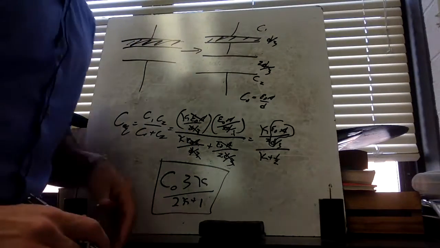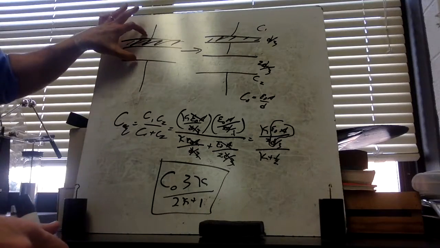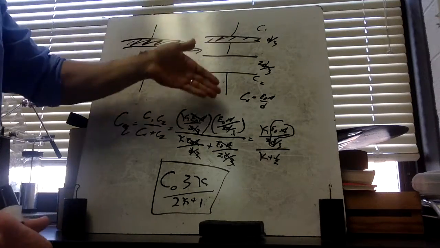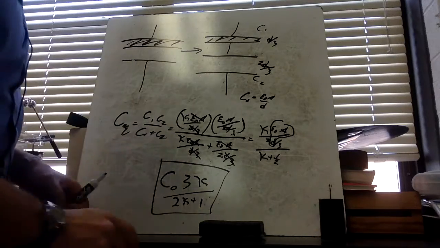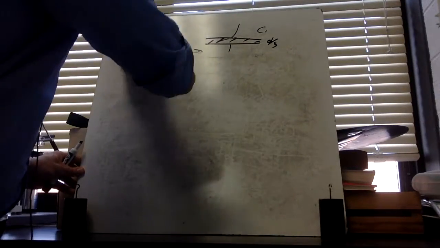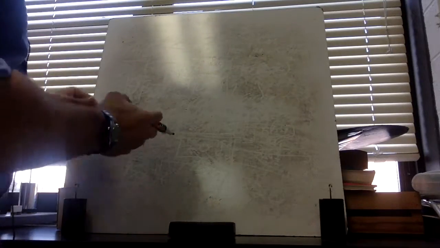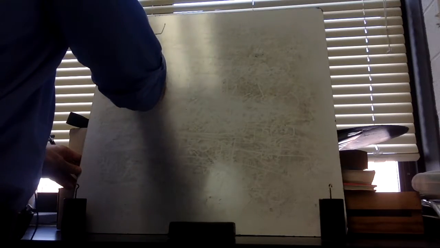But all the algebra aside, the main thing is that we treat this like two capacitors that are in series. So if you look at example 7, hopefully now you see that it is two capacitors, but they're in parallel with each other. So we treat this as two capacitors in parallel.